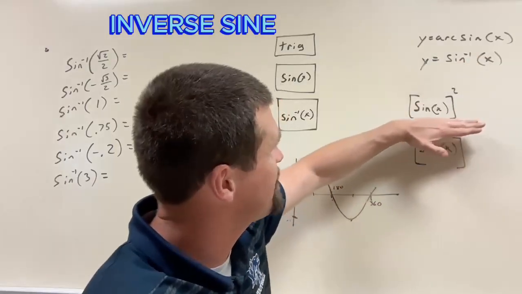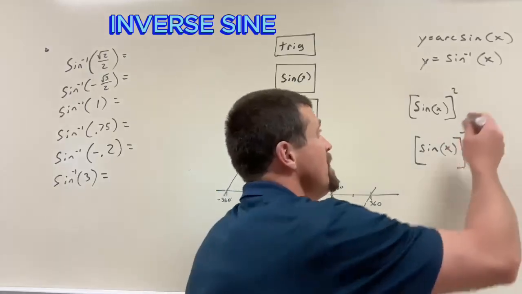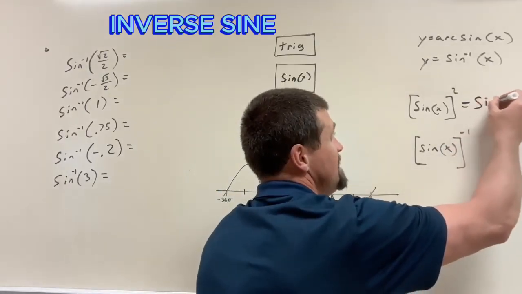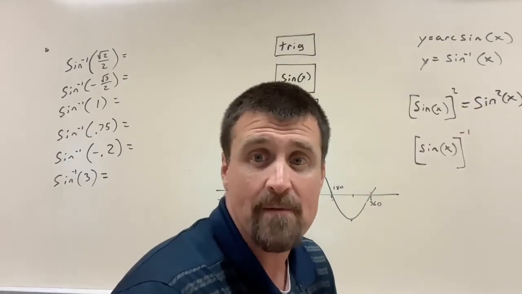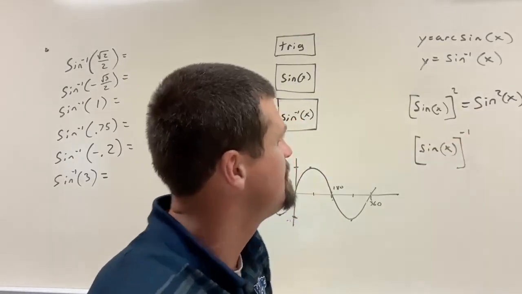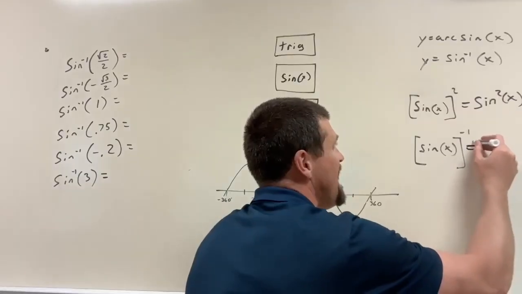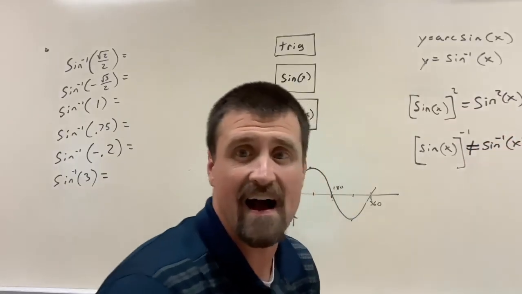If I took sine and raised it to the second power, we can rewrite that as sine squared of x. But if we took sine to the -1, it is not equal to the same thing as that.